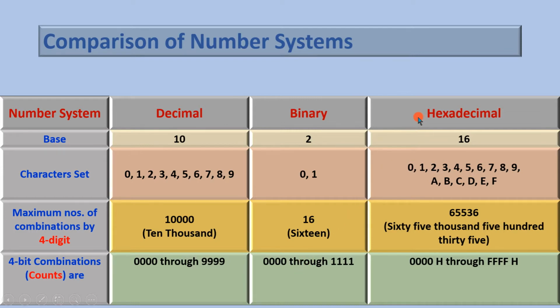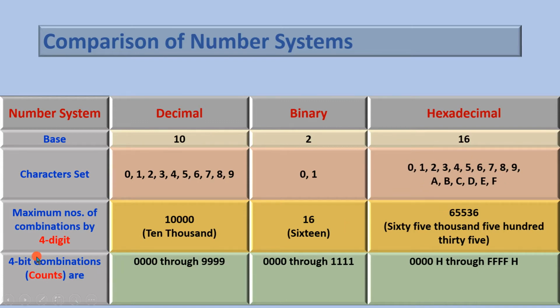Now let us consider one more number system, hexadecimal. The name is given because hex means 6 and decimal means 10. So it has 10 plus 6, that is 16 characters. Its character set has 16 symbols. And what are they? 0 through 9, these 10 symbols from the decimal number system, and A, B, C, D, E, F, taken from the first English alphabets. So the total makes 16.